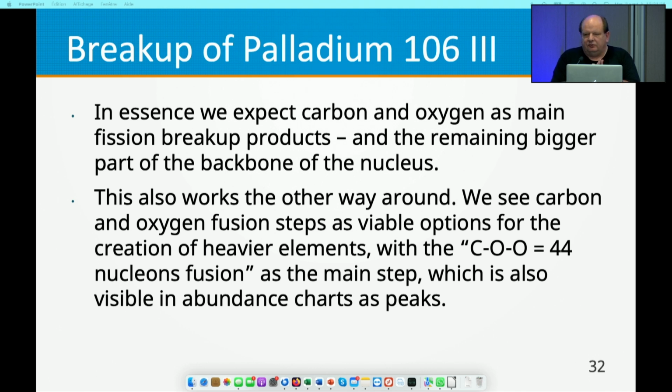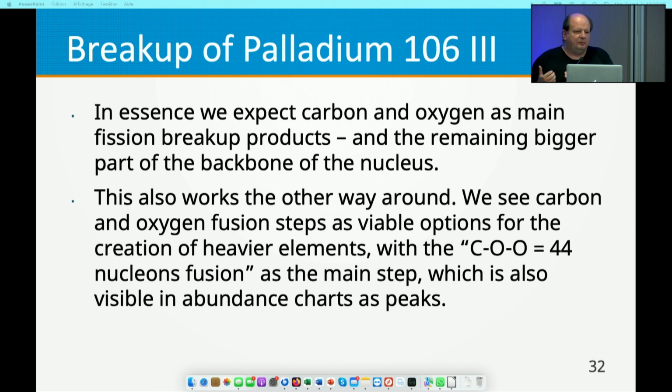We think that this can also work the other way around. We think there are fusion steps possible with carbon and oxygen. I remind you of the experiments from Slobodan Stankovic, which at least showed that carbon fusion seems to be possible. And it is this COO, or CO2, 44 nucleon step that we think is also visible in abundance charts on Earth.